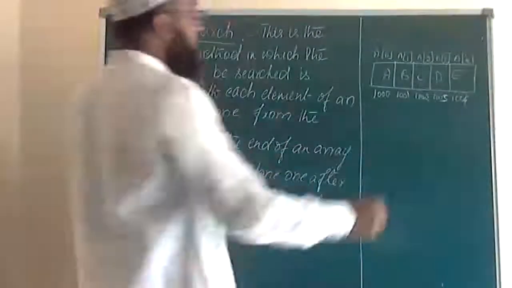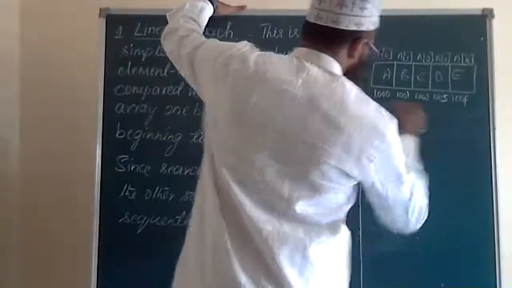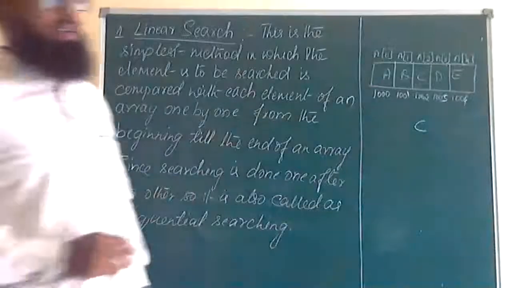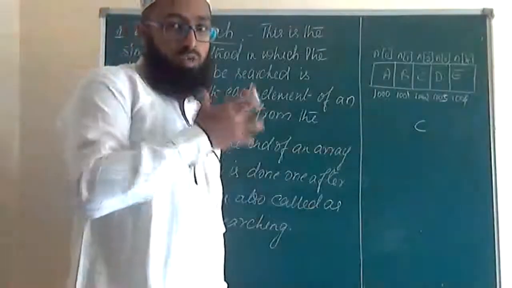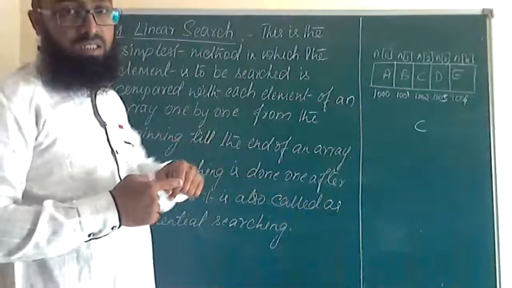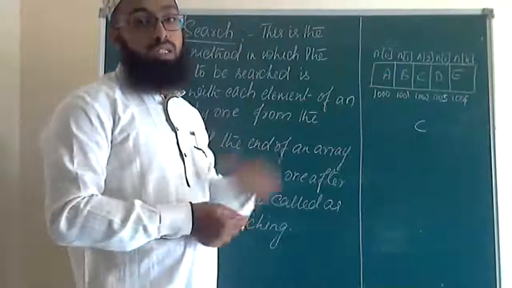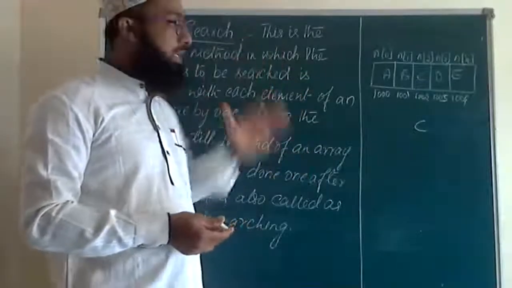Now I am going to search the element C. Look here clearly, then only you will understand the two searching techniques. Otherwise, you will get confused and cannot understand the difference between linear and binary search.